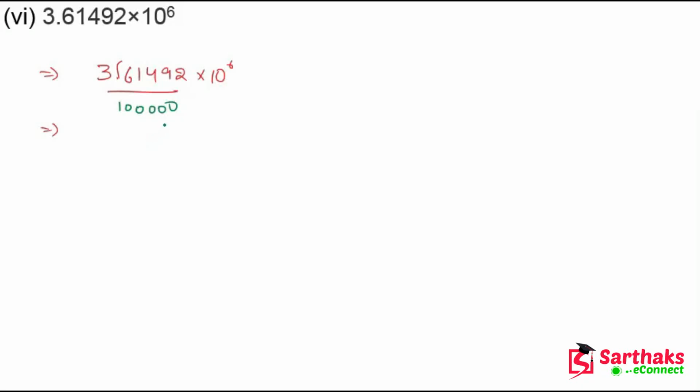Okay, understand? And here you can see that here is 6 zeros and here is 5 zeros, so these will be cancelled. So here we get just 1 zero left, that is 10. So here 361492 into 10. So this will become 3614920. This is the answer of this problem. I hope you understand these things, my dear friend.